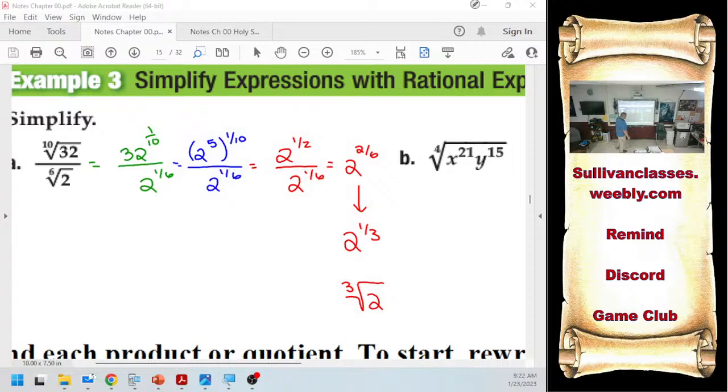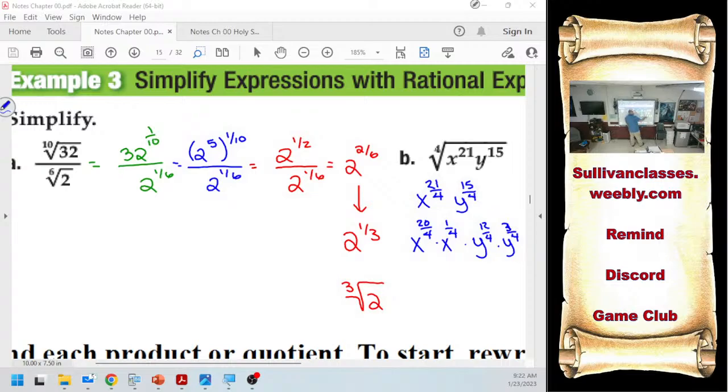Okay, B is just the same business we were doing before. If I rewrote this in exponential form, that'd be x to the 21/4, y to the 15/4, which I could call x to the 20/4 by x to the 1/4, y to the 12/4, y to the 3/4.